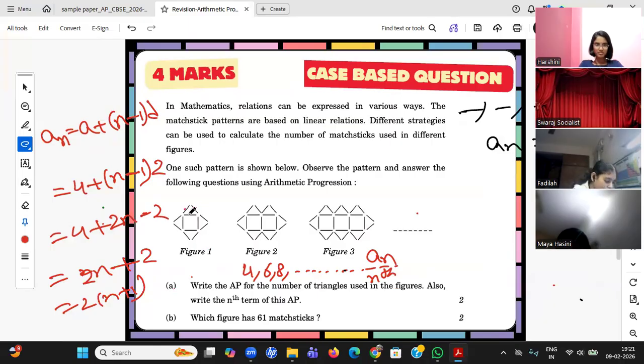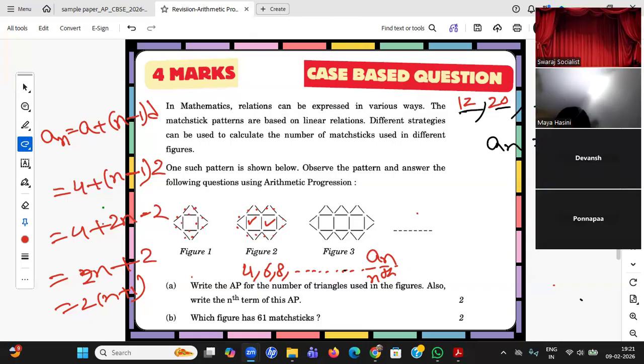Let me see, student. 1, 2, 3, 4, 5, 6, 7, 8, 9, 10, 11, 12. Fadila, this is what you took as the sequence?